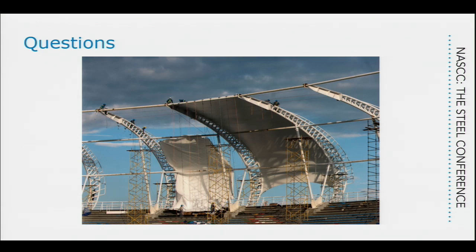Most of the time, it gets fabricated in a shop, especially ETFE. The welding process for ETFE, because it's clear, has to be done in a dust-free, sterile environment. So all of that gets done in a shop. Then it gets folded and shipped in rolls, in crates.